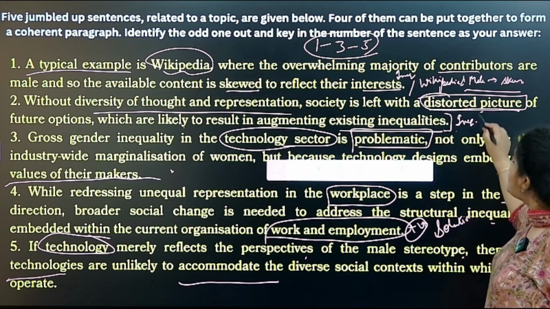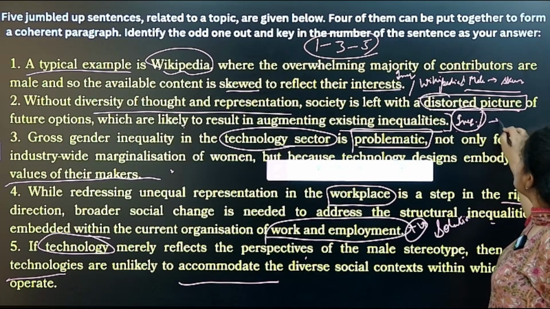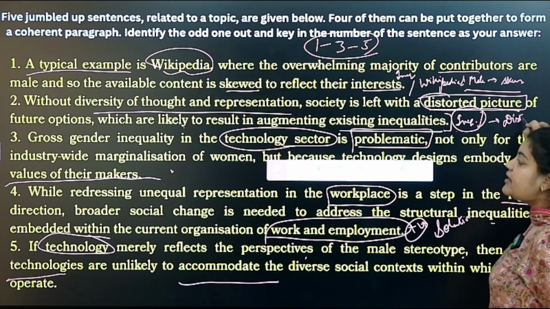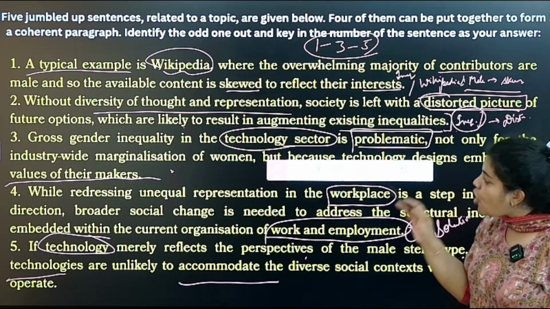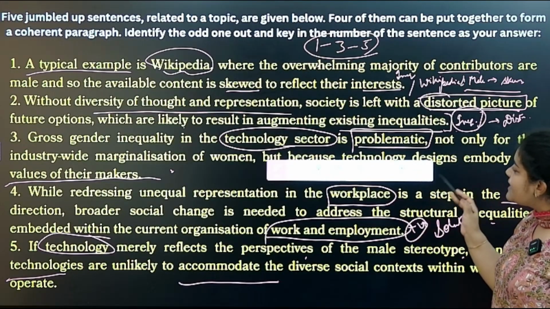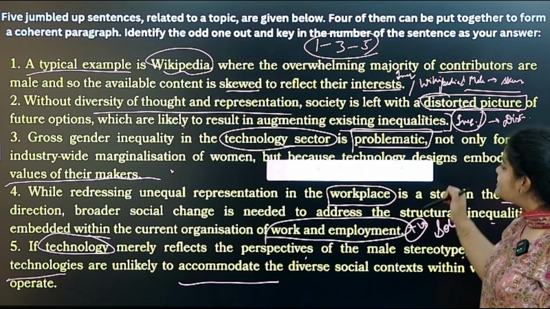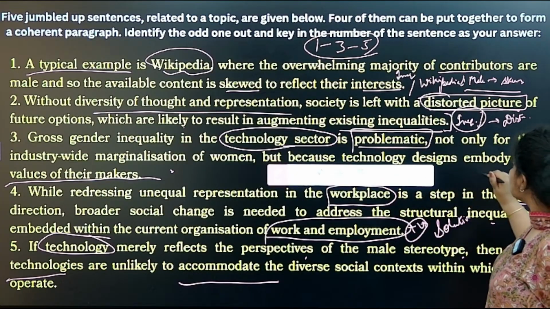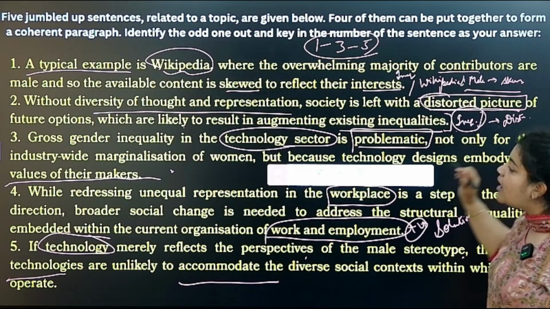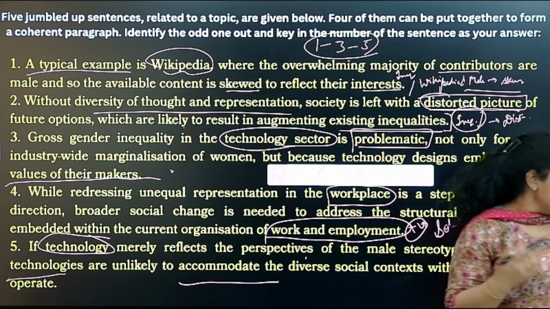So it is also talking about inequalities; we will not be able to get a clear picture, but a distorted picture. Now, gross gender inequality in the technology sector is problematic not only for the industry-wide marginalization of women, but because technology designs embody the values of their makers.